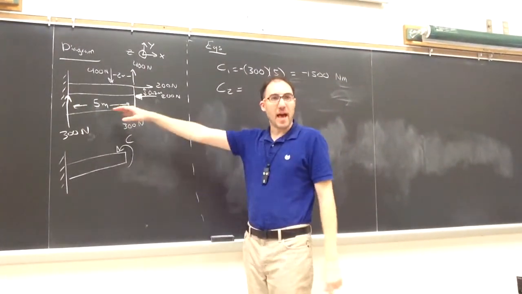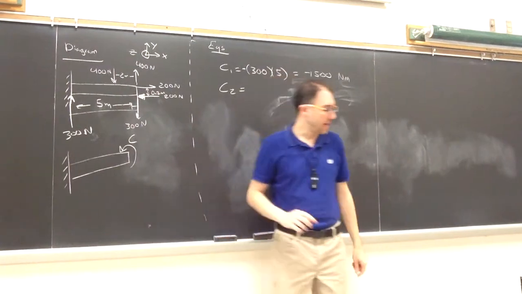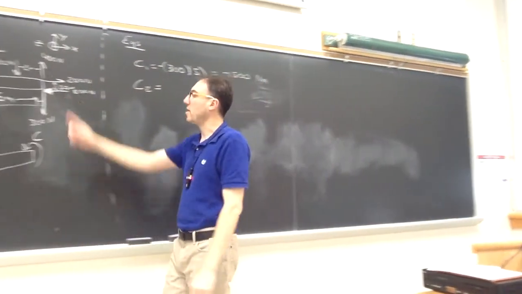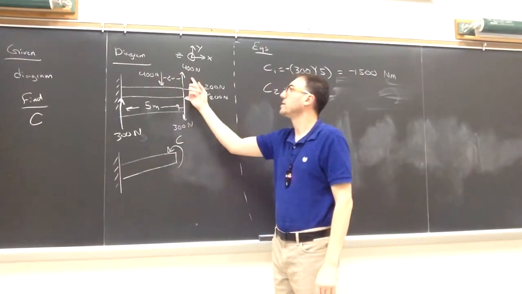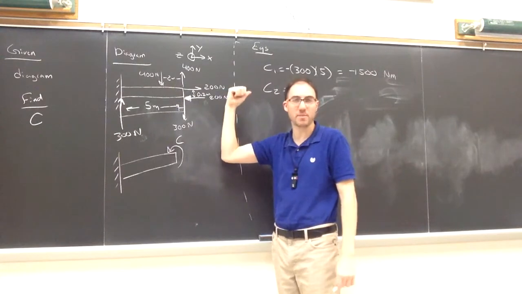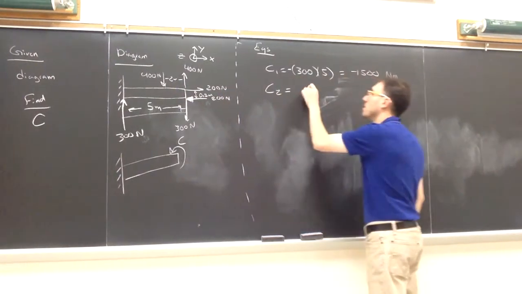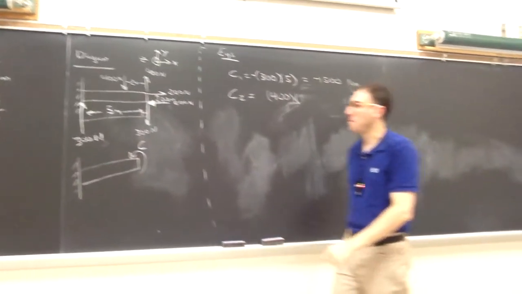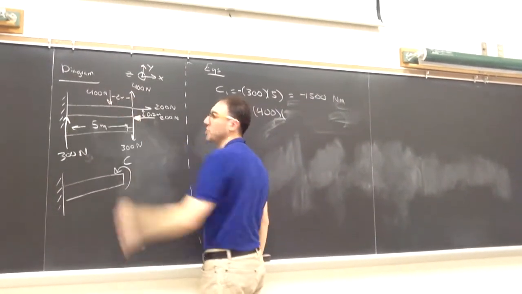Separate from that, we have a twisting by the 400 ones, which I did next. Again, they are the same magnitude. One is in the positive y, one's in the negative y, so we can simplify them to a couple. Their magnitude is 400. Their perpendicular distance apart is the 2 meters.